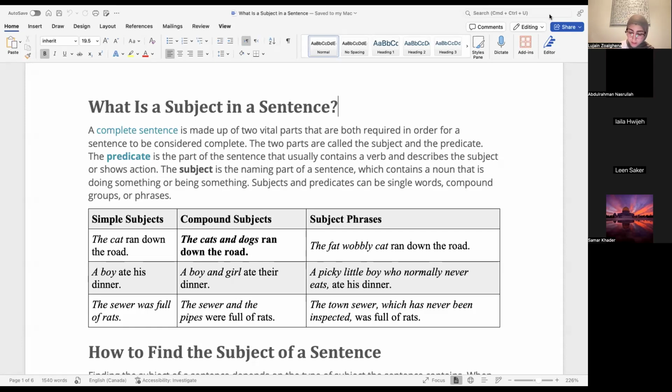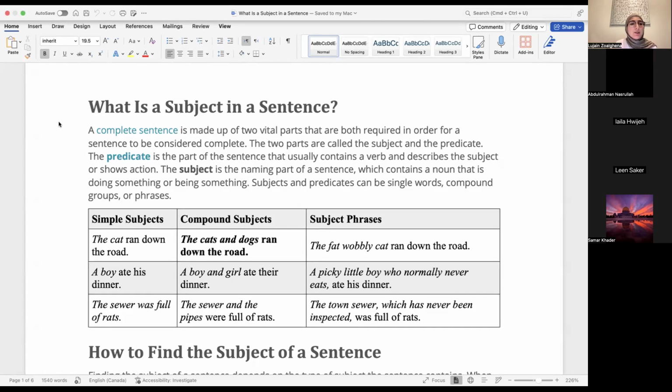Someone who's doing the action, or something that is doing the action. That is correct. What else? The topic that the sentence is related to.